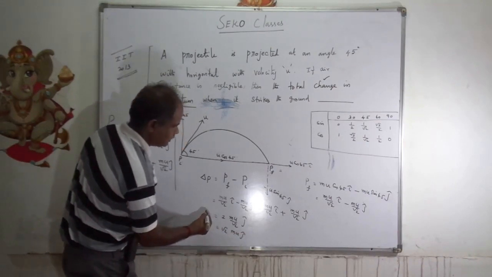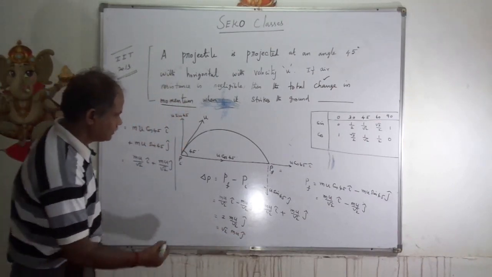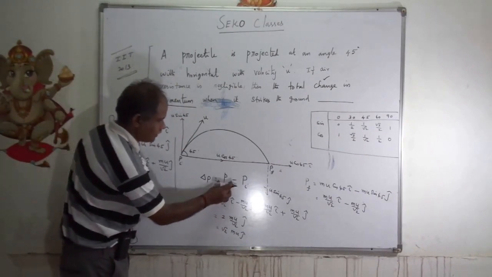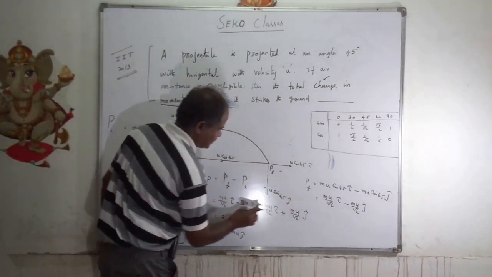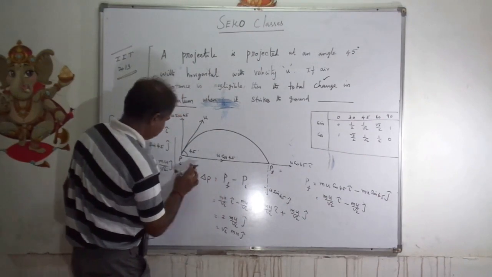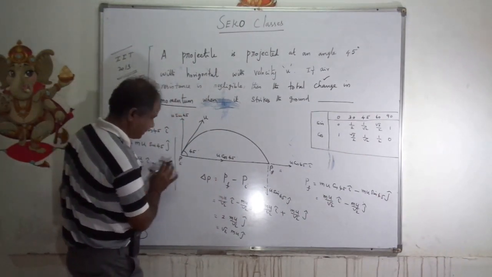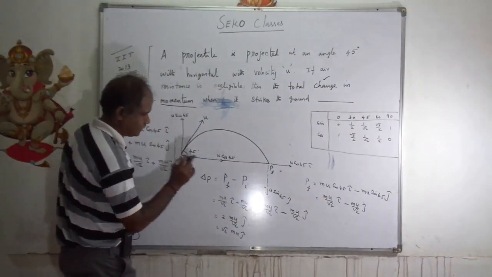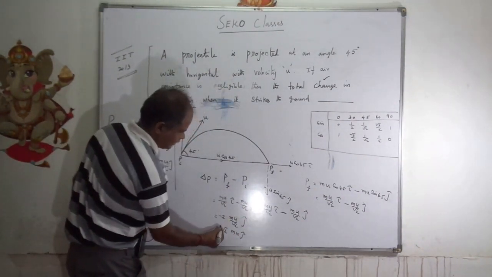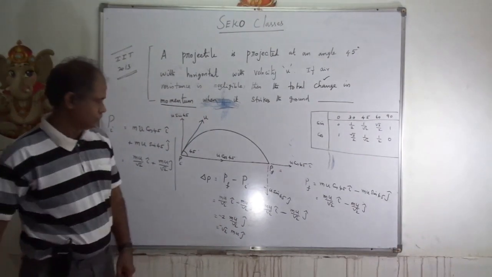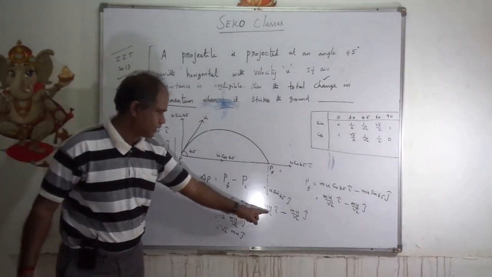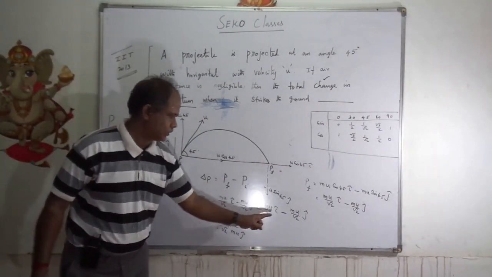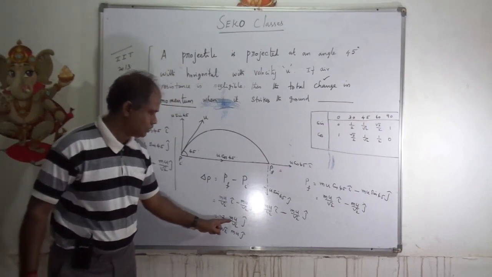Here the i term is positive in the final one, minus the same term in the initial, so they cancel. For the j terms, negative and negative add together, giving minus 2 m u by root 2.